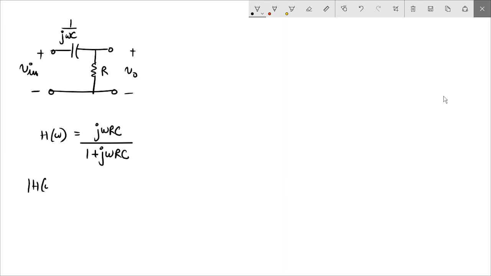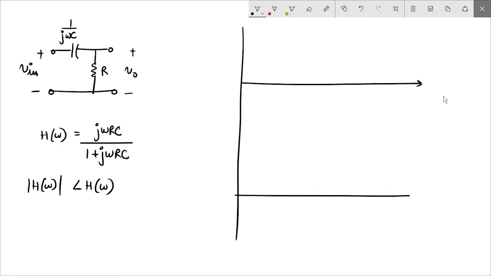You can find its magnitude and its angle separately with respect to omega, and this is how its spectrum would look. Now this is in logarithmic scale already. Remember, for the previous case, we had got a spectrum like this. For this case, we will get a spectrum like this. The maximum gain is 0 dB.